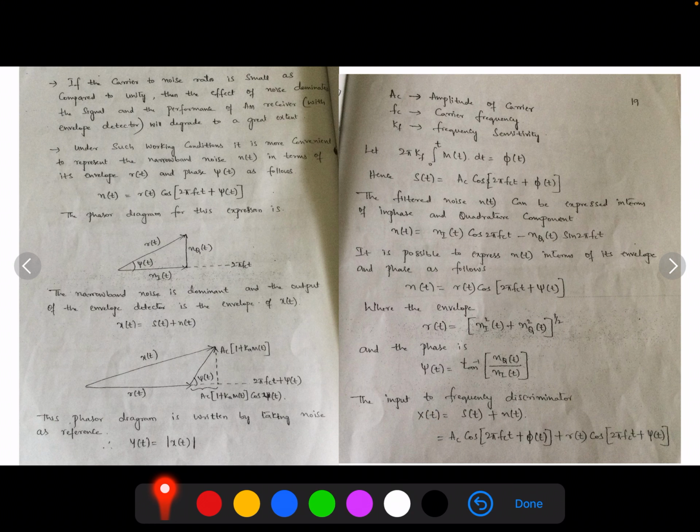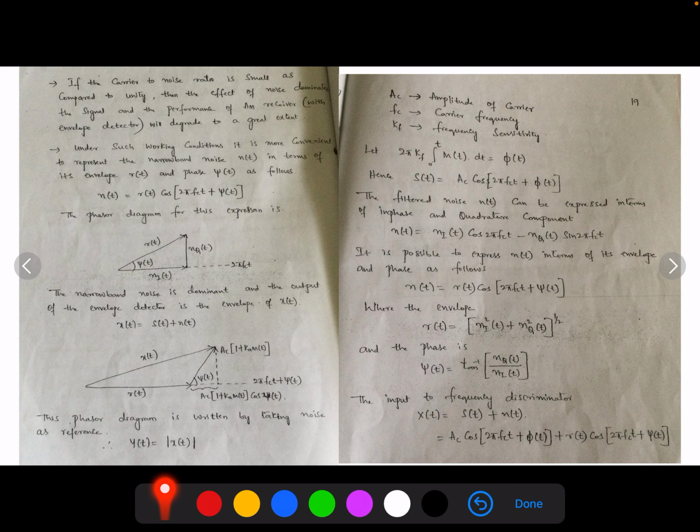So here in the equation S of t is equal to Ac into cos of 2 pi fct plus 2 pi kf into integral 0 to t m of t dt, Ac is the carrier amplitude, Fc is the carrier frequency, Kf is the frequency sensitivity, and m of t is the message signal.